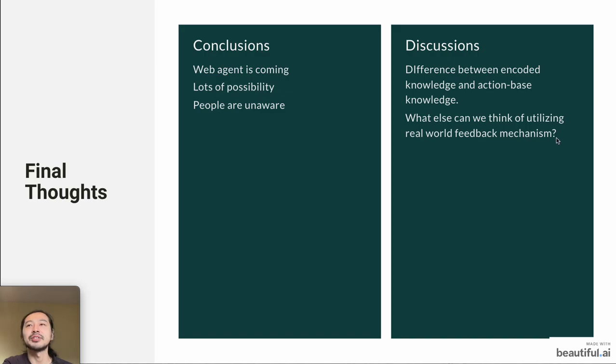And another research question that's interesting is what else can we think of utilizing the real world feedback for this mechanism. So instead of self-supervision, self-experience supervision using websites, what else can we use to train our AI using the real world feedback?